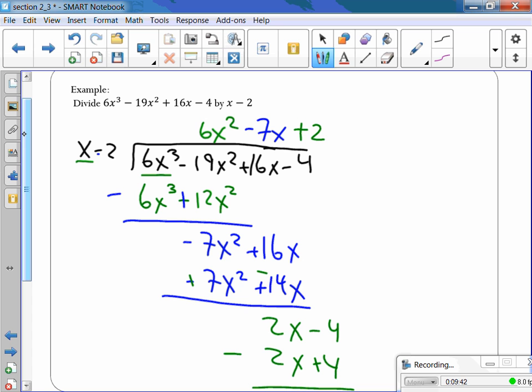My answer is just a quotient of 6x squared minus 7x plus 2. It evenly divided though, right? I came up with a remainder of 0, which means I can express this dividend of 6x cubed as what? Absolutely. This is the same thing as x minus 2 times 6x squared minus 7x plus 2. Another way, again, looking at our factors, or knowing what one factor is, I can break my polynomial down to at least 1 degree less.